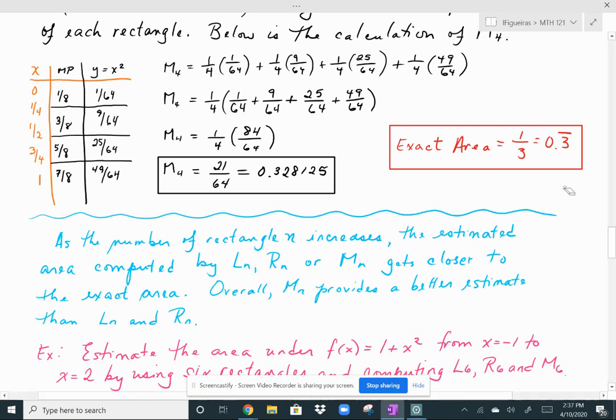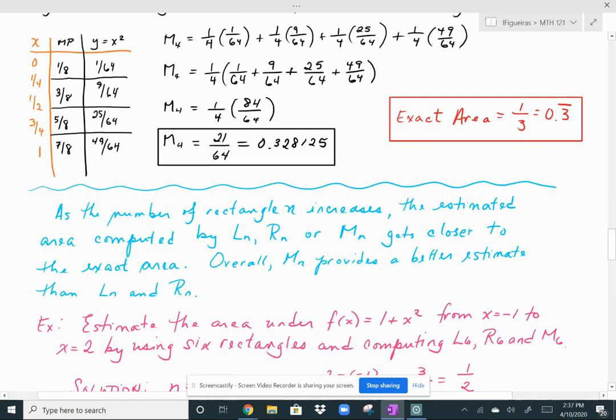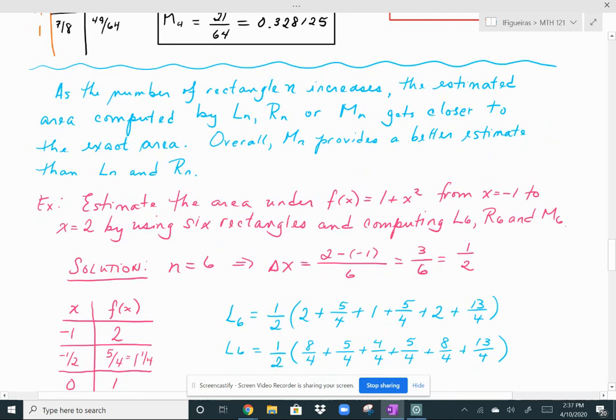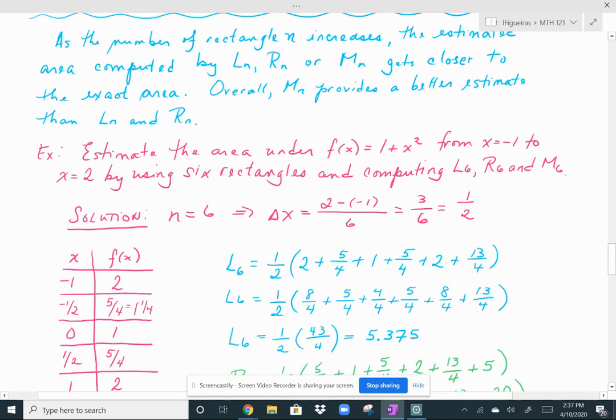All right, so let's do another example. We want to estimate the area under 1 plus x squared from -1 to 2 by using 6 rectangles and computing left-hand computations, right-hand computations, as well as midpoint.